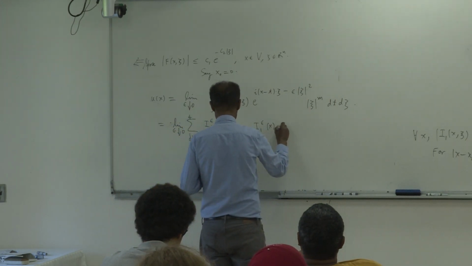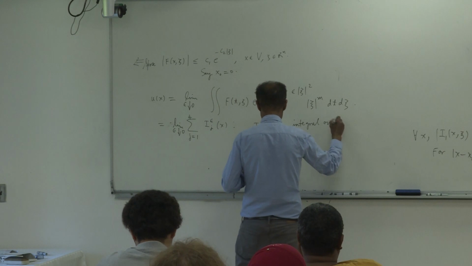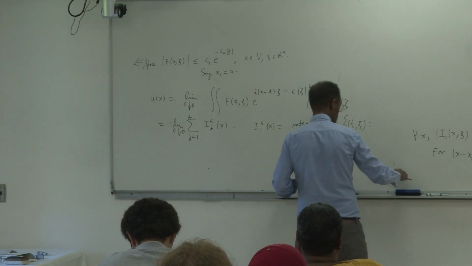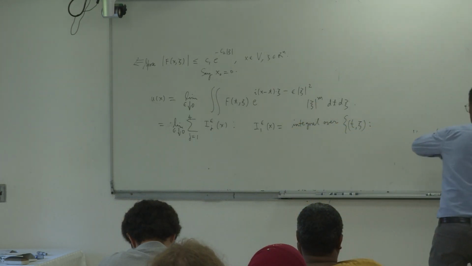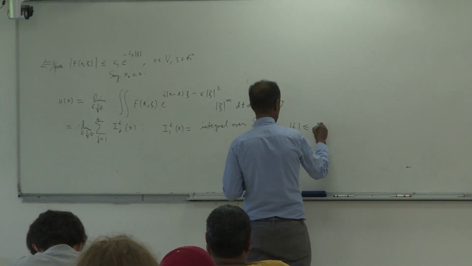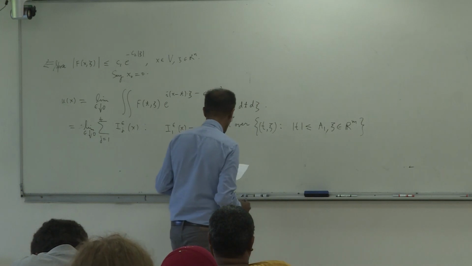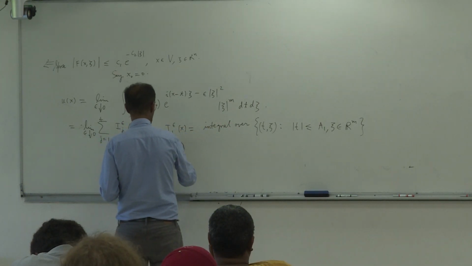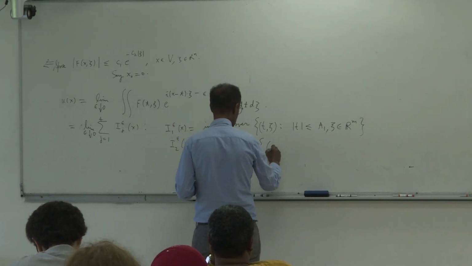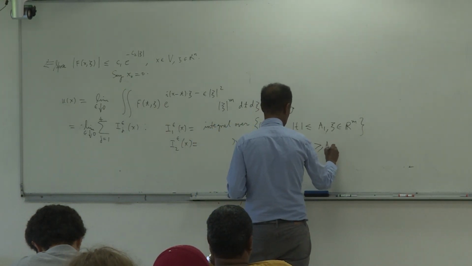So I1 epsilon is the integral over the region t, c where norm of t is less than or equal to A1 and c is in Rm. Okay, where A1 will be a positive number. I'll tell you what it is in a moment. And I2 will be likewise the integral over the region where norm of t is bigger than or equal to A2, A2 again to be specified.